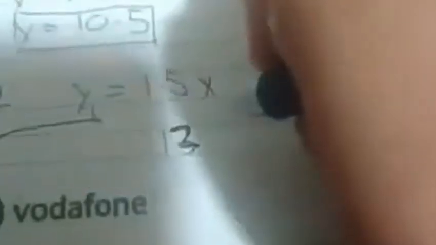We substitute 12 for y, and we have 12 is equal to 1.5x. Dividing both sides by 1.5, now we find that 8 is equal to x. So that's all for direct variation.